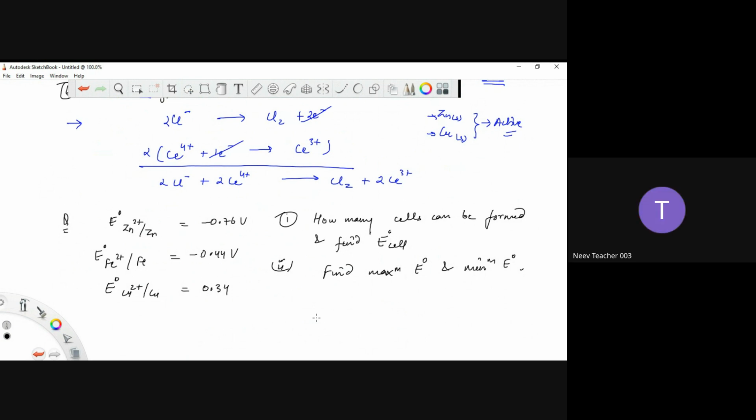See, 5 o'clock. See, 8:30 is the end time, right? Yes, sir. Okay. So if we go with a good pace, if I end it by say 8 o'clock, will it be fine? Okay. Yes, sir. Fine.